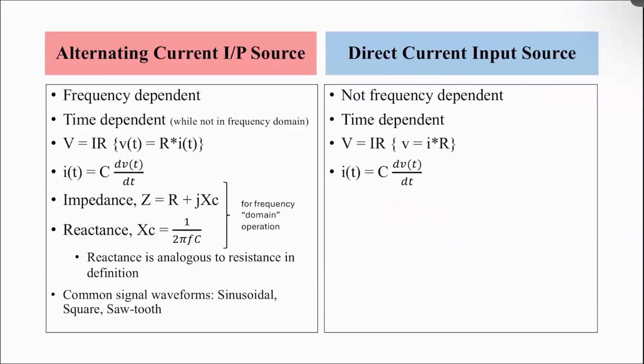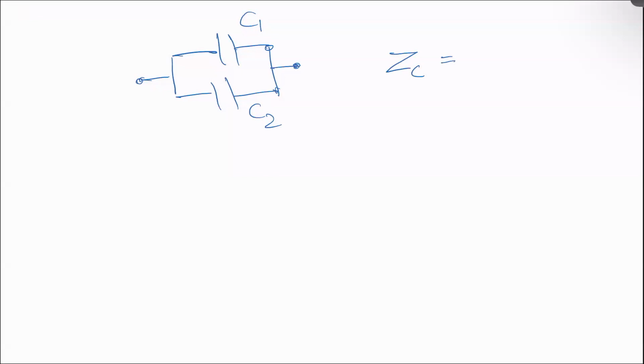And let's say I had C1 and C2. I had two capacitors connected in parallel. Oh, Carolina, yes, that is perfect. Could one of you tell me what is the impedance corresponding to this capacitor combination?